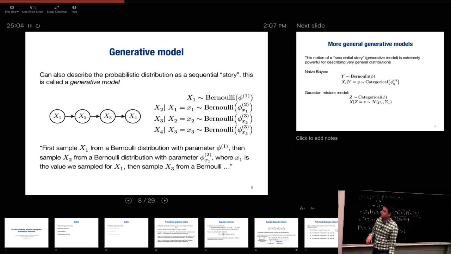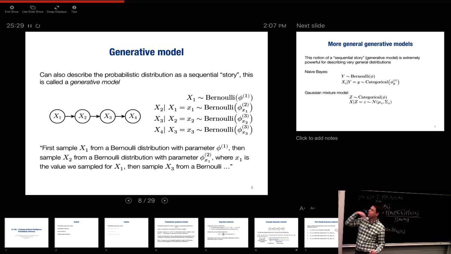So the idea here is that you can think about a Bayesian network as a story for how the data is being generated. The story here, it's a very enthralling story, I'm sure, is that x1 is sampled according to a Bernoulli random variable with some parameter phi superscript 1.